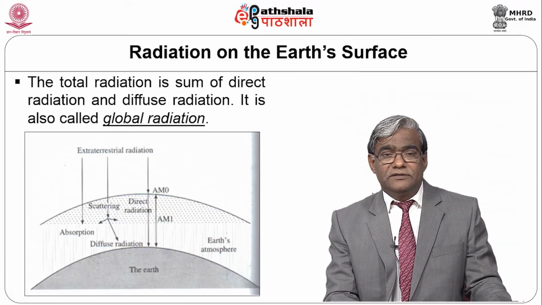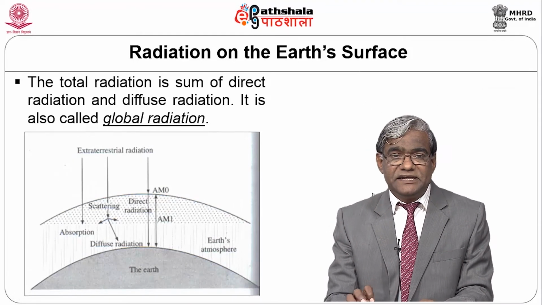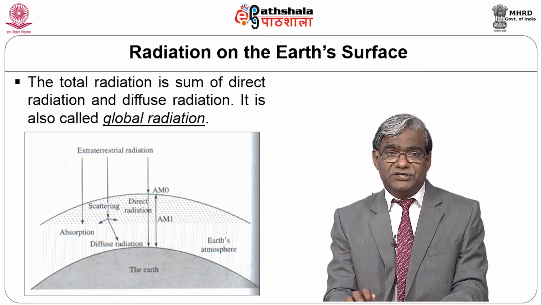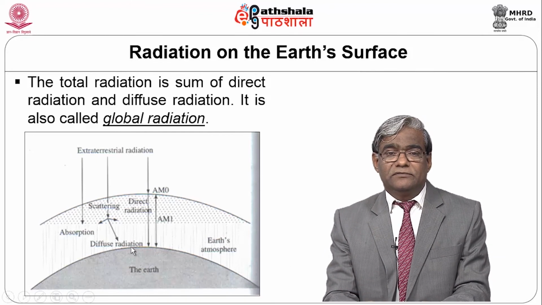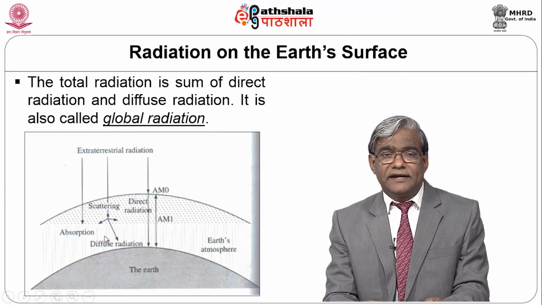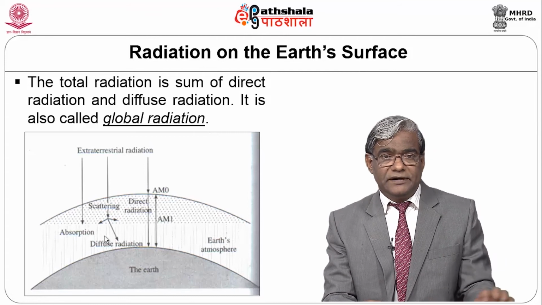Here this is the extraterrestrial region, this is the terrestrial region, and this is the earth. When we add direct and diffused radiation, it is called global radiation.